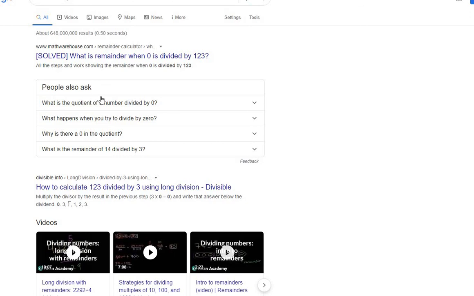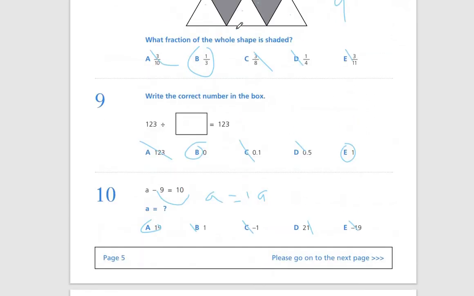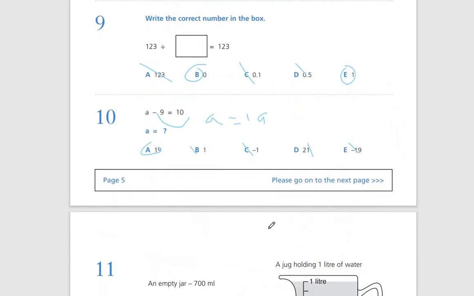I just asked what is 123 divided by 0. Okay. I just saw an answer and it said 0, so it's 123 divided by 1. So it's E and not, where's it gone? Oh, red line. And not B.